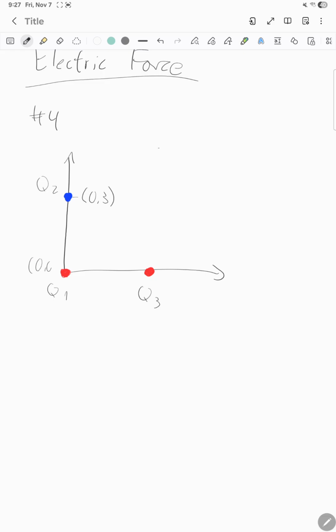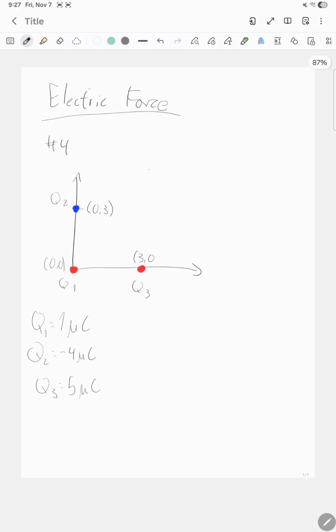This is at 0, 0, and this is at 3, 0. All of these are at 3 centimeters. Q1 is equal to 1 microcoulomb. As I said, they will give you microcoulombs, and you will have to convert this into coulombs. Q2 is -4 microcoulombs, and Q3 is 5 microcoulombs.